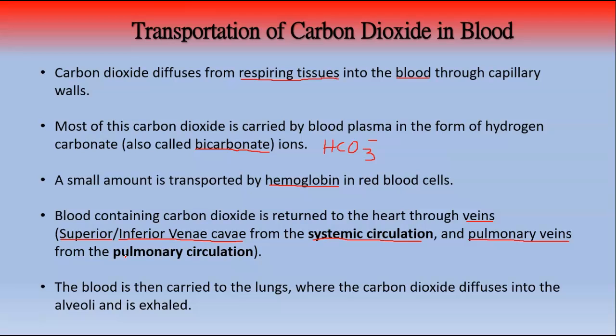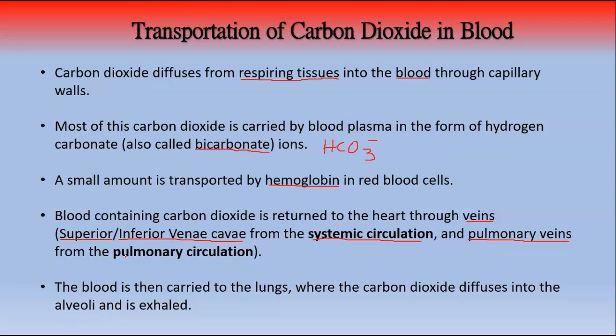The pulmonary artery would take it to the lungs, where it would become oxygenated. The carbon dioxide would diffuse out of the blood into the alveoli of the lungs, and the oxygen in turn would diffuse into the blood from the alveoli.